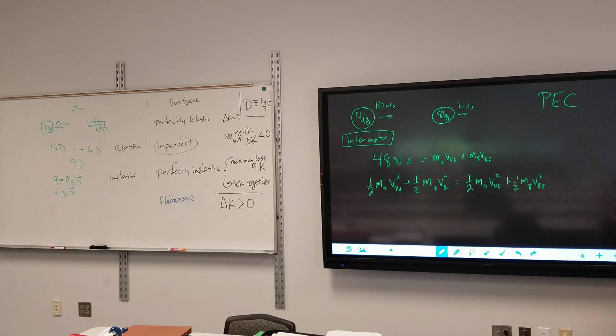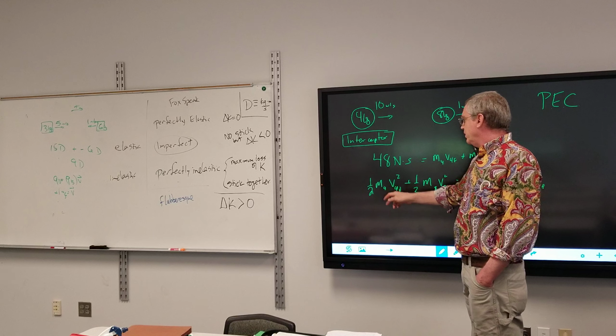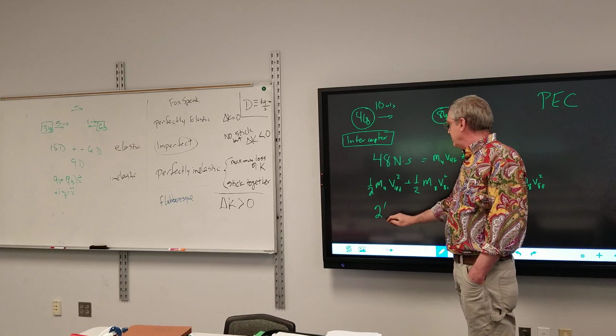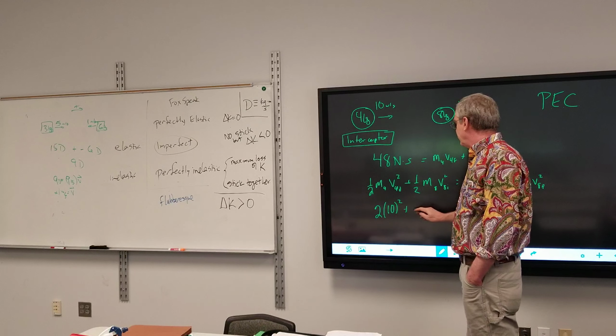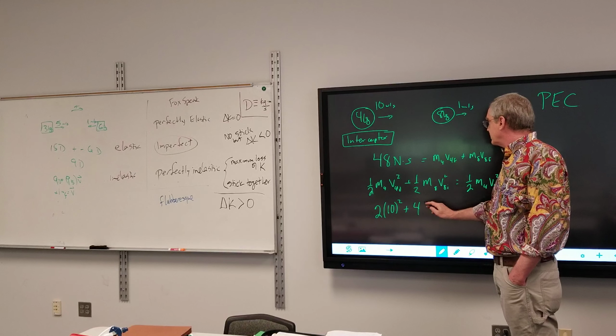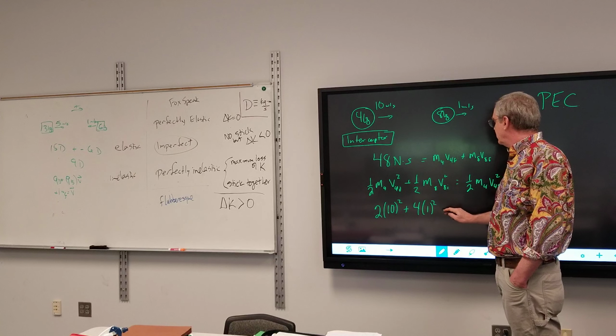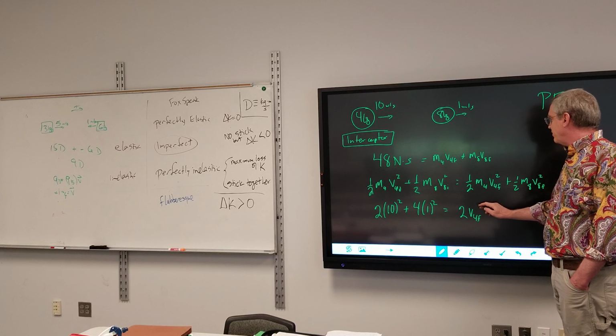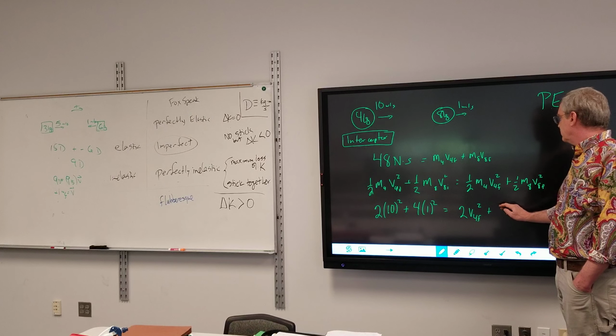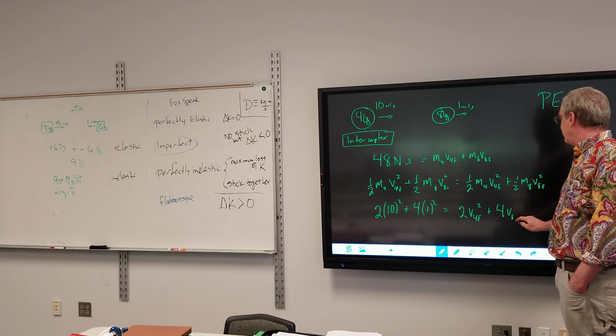Let's plug in numbers. Or do you want to get rid of the one-halves or keep them? Keep them. All right, we'll keep them. So that's a 4 kilogram mass, so that's 2 times v4 initial, so that's 2 times 10 squared plus 4 times 1 squared is equal to 2 v4f squared plus 4 v8f squared.